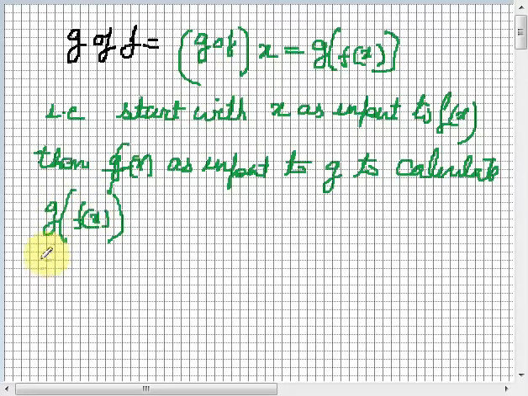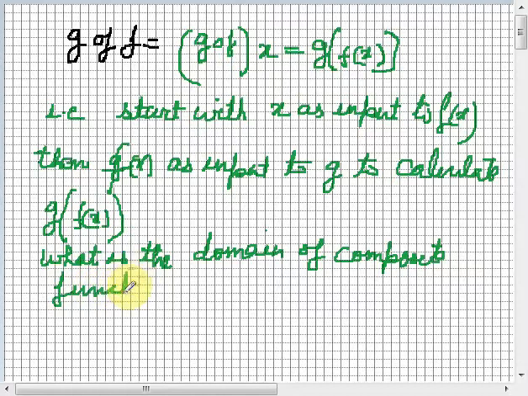Now, what is the domain of the composite function? We define a composite function in two ways: g of f or f of g. You can define any function inside.